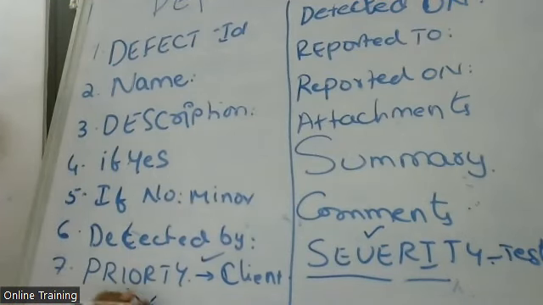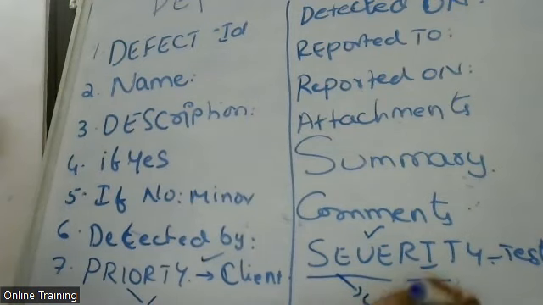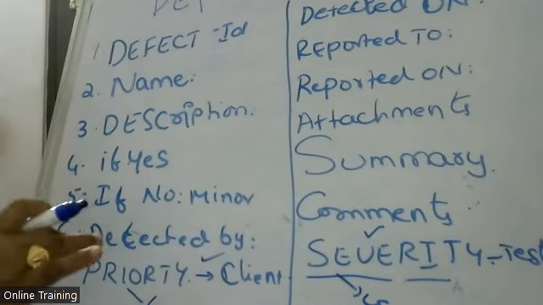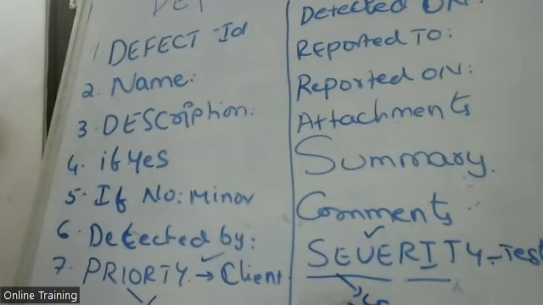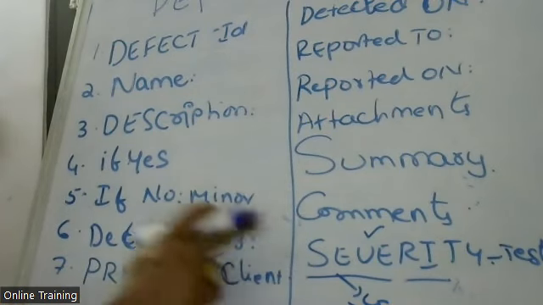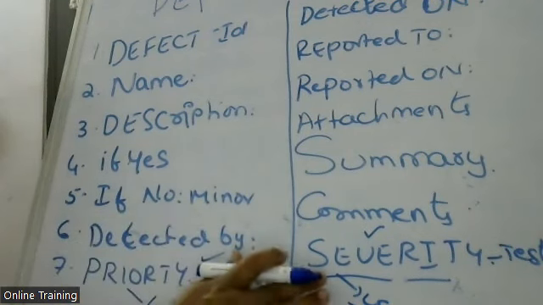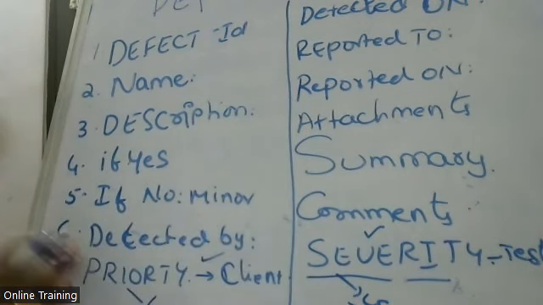So the login window is high priority, and under that, if the username is not working, we send it to the developer with high severity. Based on the priority, the severity exists, but based on the severity, the priority may or may not exist. That's the difference between priority and severity.